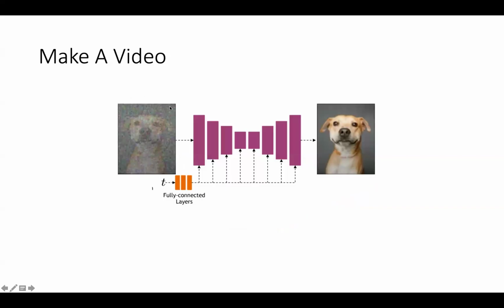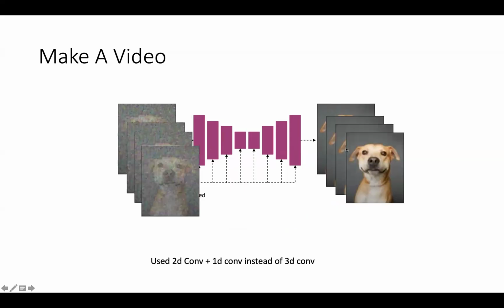Imagine I have an image and I want to predict the output. I have a simple U-Net like we commonly use in diffusion, let's say a T2I network. I give noise as an input and we predict the image as an output, right? Now to get a video, we need to simply stack the inputs.